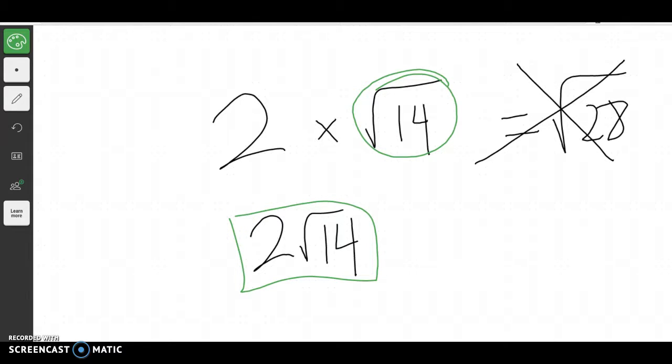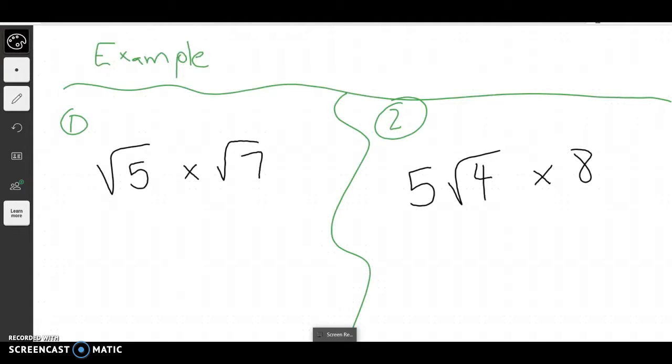So now that we realize that non-radicals and radicals don't multiply together, but radicals do, let's see some of the more interesting kinds of things. Let's take some examples. When you look at example 1, you have radical 5 times radical 7. This has a radical, and this has a radical, so we can multiply them together.